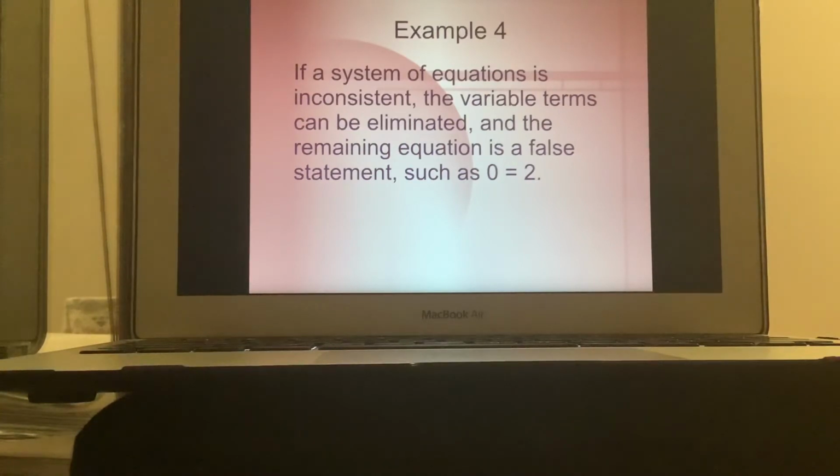Here it says if a system of equations is inconsistent, the variable terms can be eliminated, and the remaining equation is a false statement. So 0 equals 2. That is not true. Then if it's graphed, we see two parallel lines.